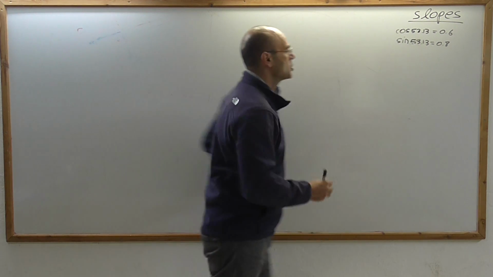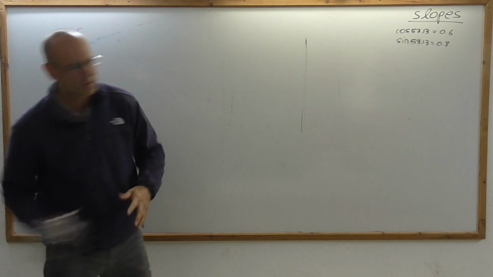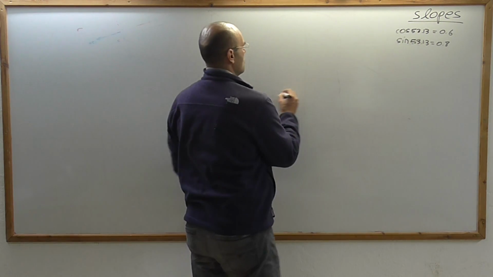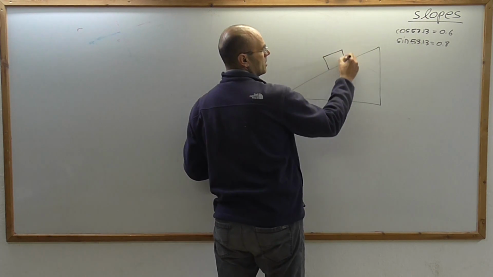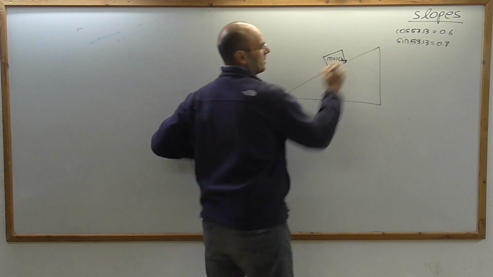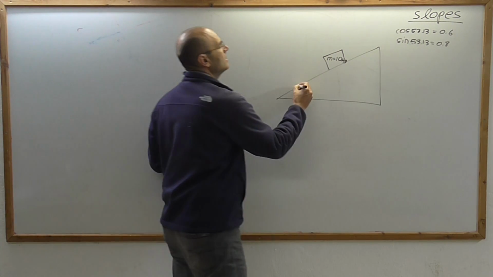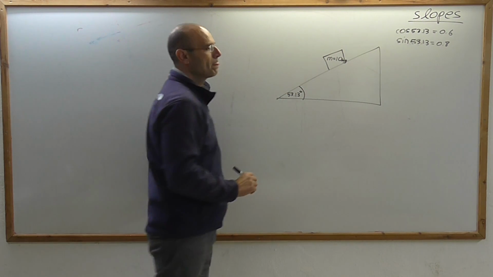Let's use these angles for the next questions. So we want to deal with slopes. I have a slope, this one, and I have an object here on the slope. Its mass is, I'll use the 10 kilograms, I like it, 10. And the angle is 53.13 degrees.